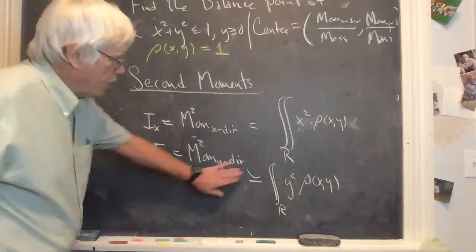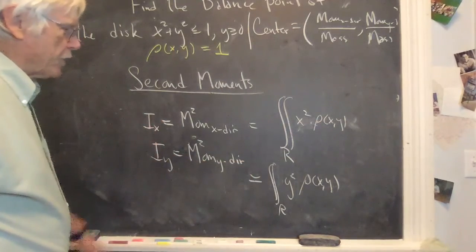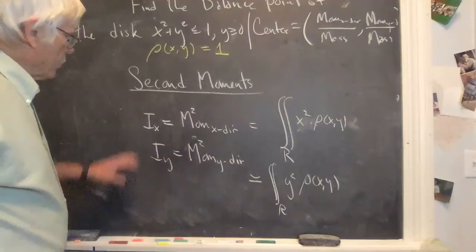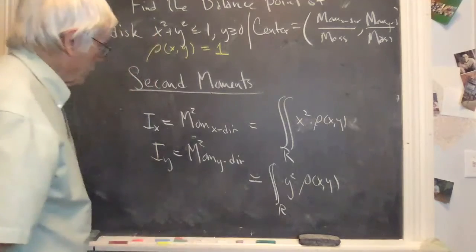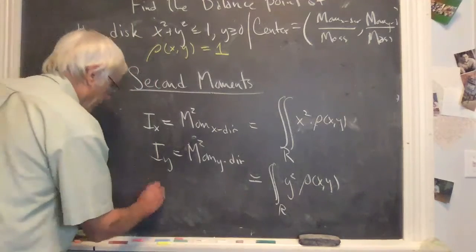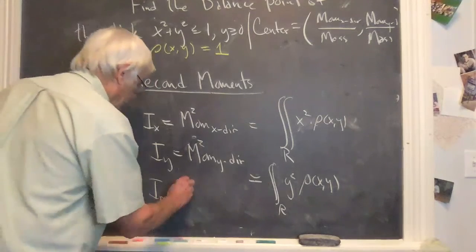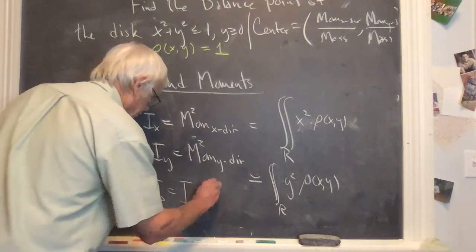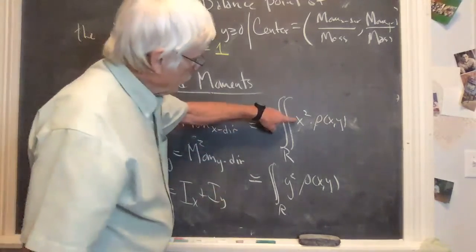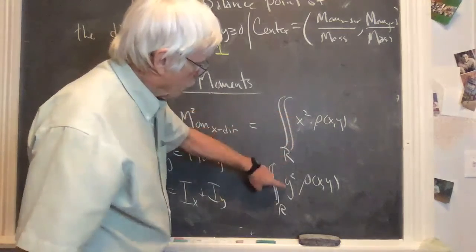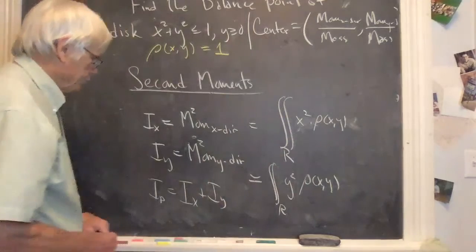They're used in engineering to study stability of various objects that are undergoing torque. And they're also used in physics. There's also a polar one, I sub p, which is the sum of these two. And when you sum these two, you'll see that you're integrating x squared plus y squared against the density.